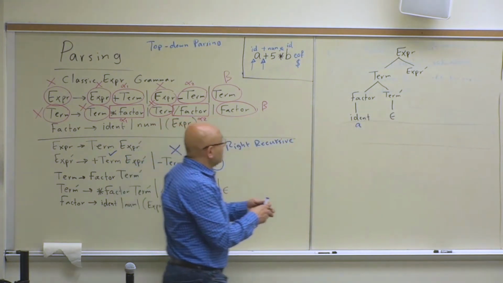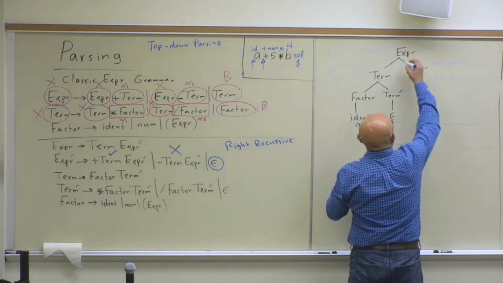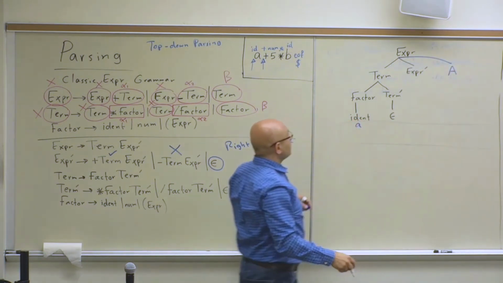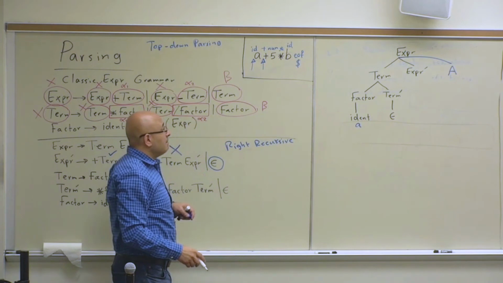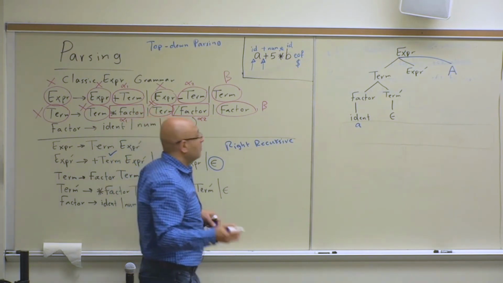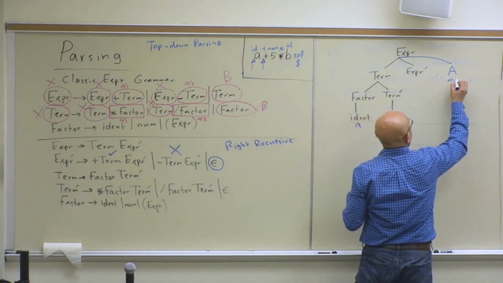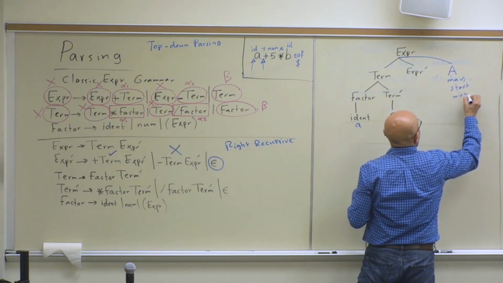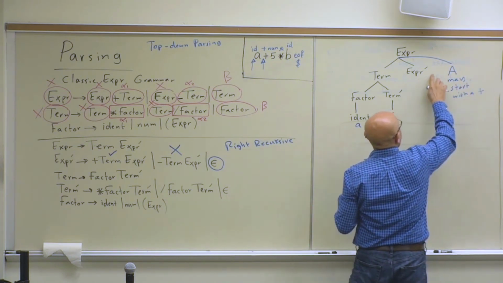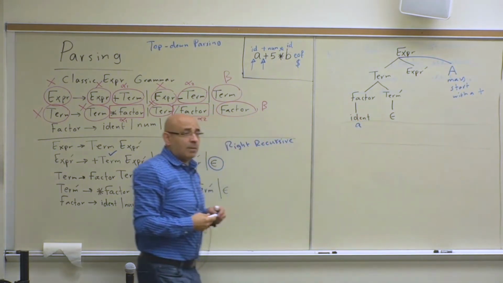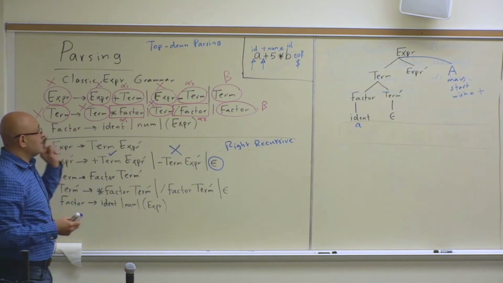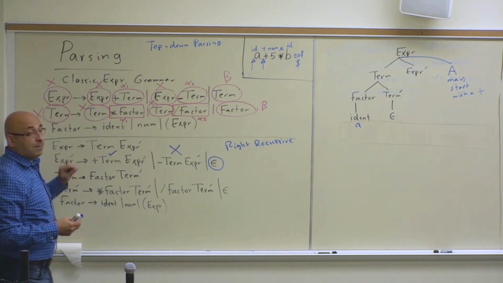But suppose that after expression prime, I had something like A, and this A may start with a plus. Now, if after expression prime you have an A that may start with a plus, in this case, I will have two possible substitutions for the expression prime.